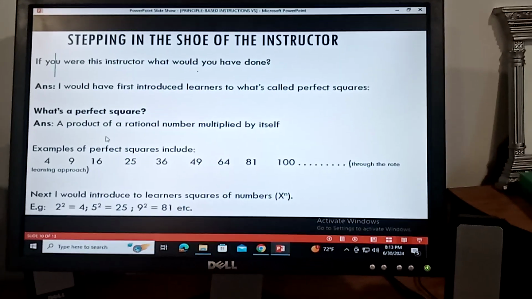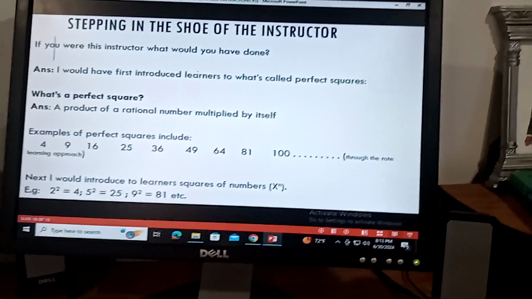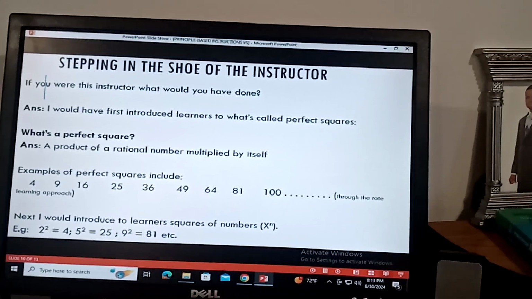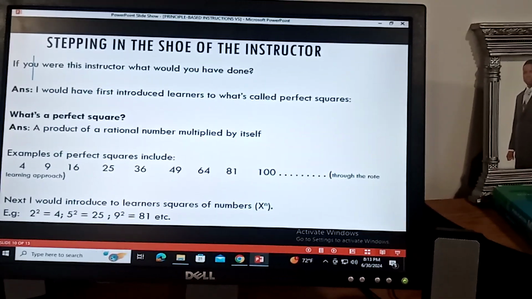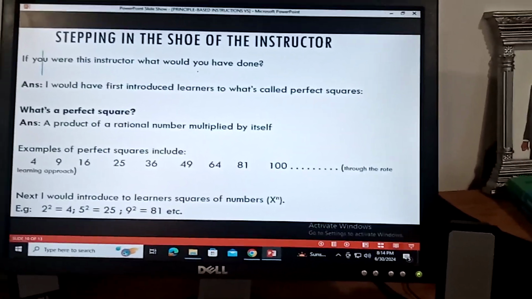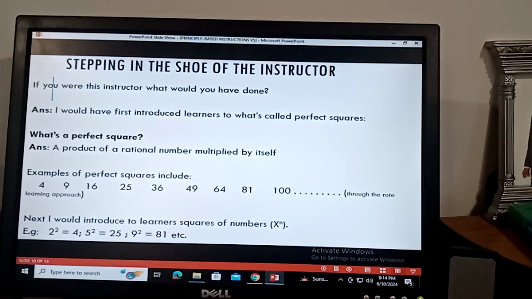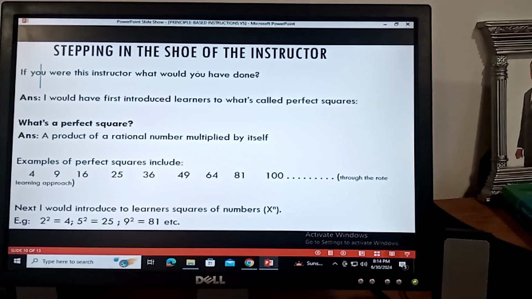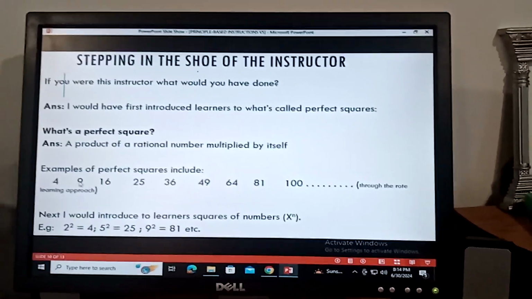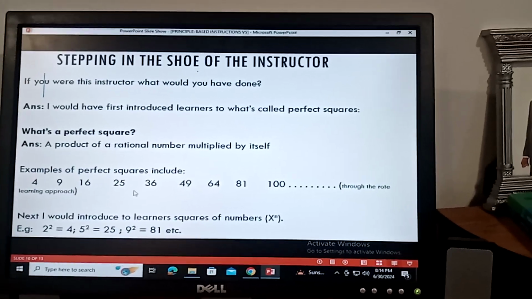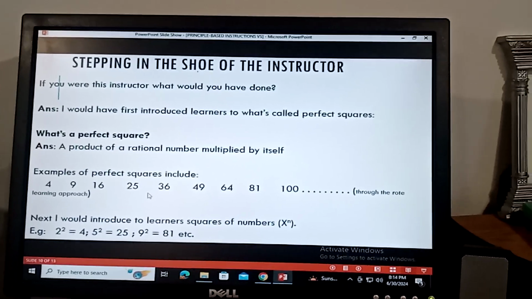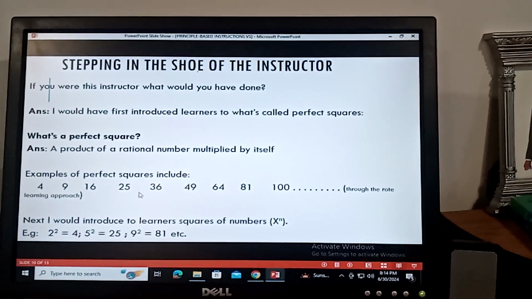Now, what is a perfect square? A perfect square is the product of a rational number multiplied by itself. Some examples of perfect squares include 4, 9, 16, 25, 36, 49, 64, 81, 100, and so on.